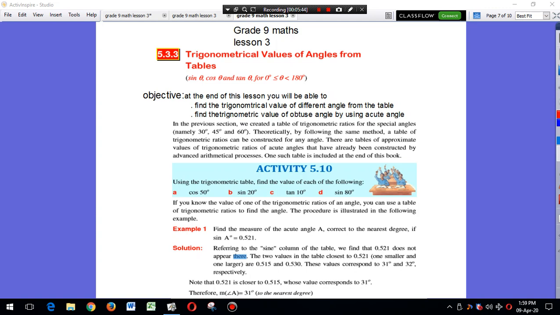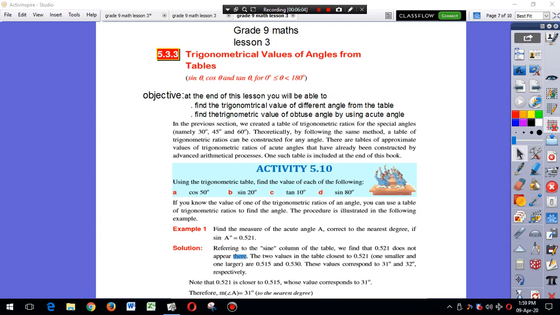After we compare the 2 points, that is 0.515 and 0.530, it is closer to what? It's closer to the value of 31 degree. That's why we say the measure of angle A is equal to 31 degree. Do you get me? Alright.